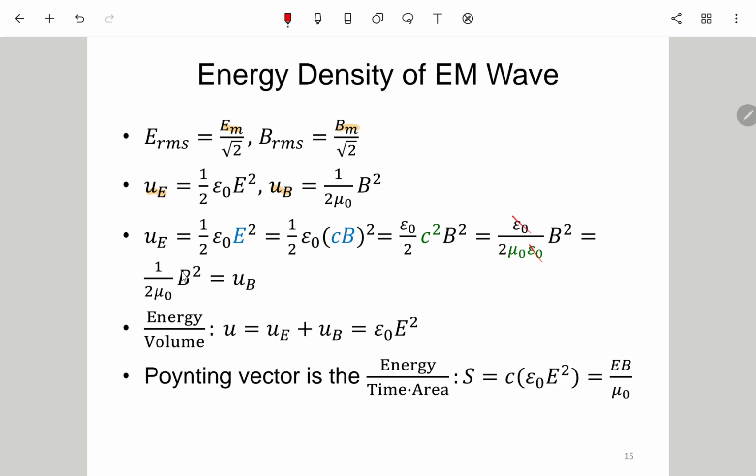So the total energy density will be U equals UE plus UB. UE and UB are the same, so it is simply 2 times UE, which is epsilon naught E squared.